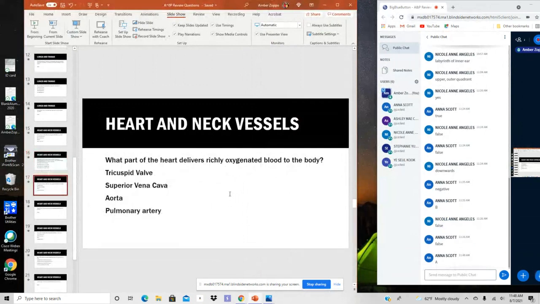What part of the heart delivers richly oxygenated blood to the body? Is it the tricuspid valve, the superior vena cava, the aorta, or the pulmonary artery?